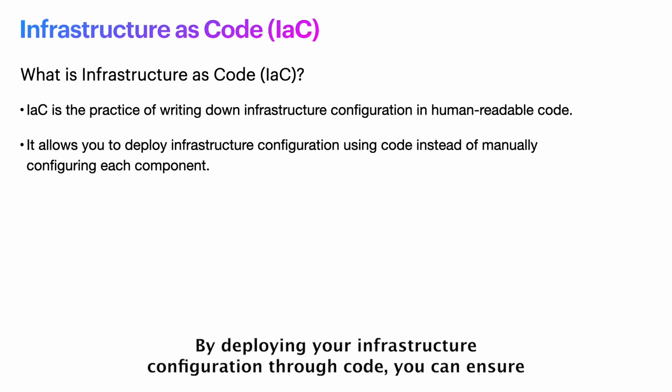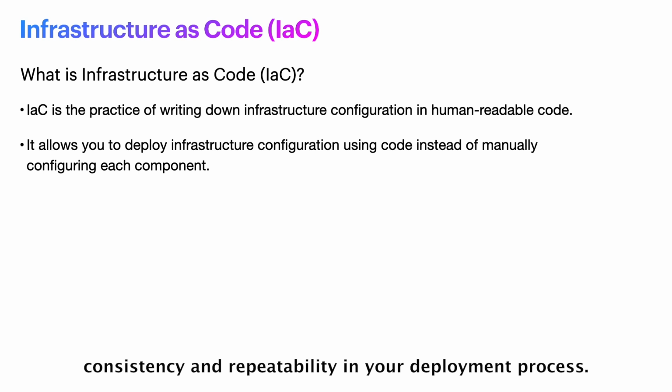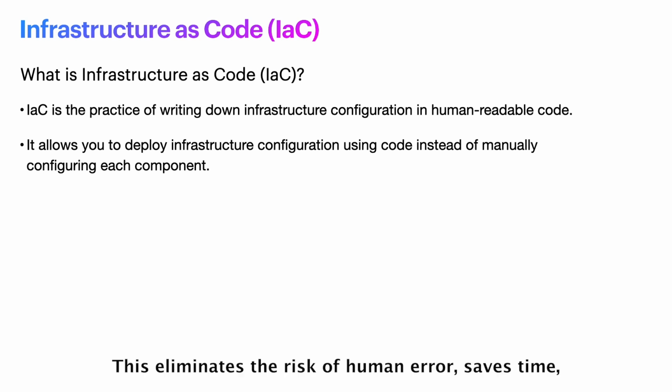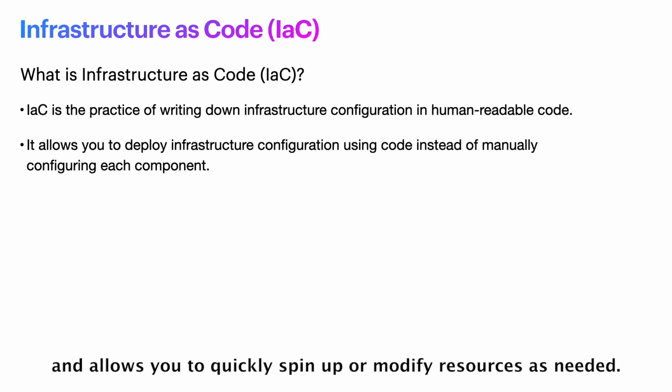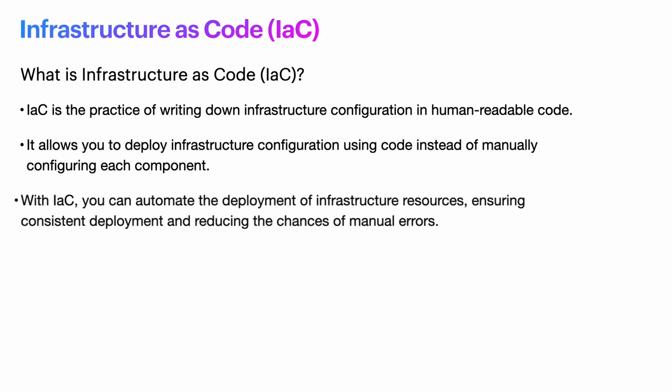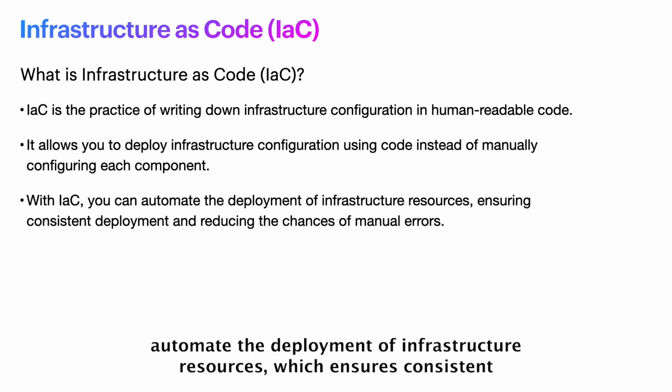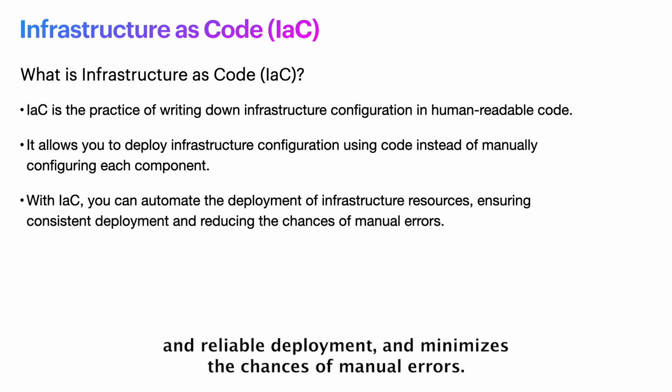By deploying your infrastructure configuration through code, you can ensure consistency and repeatability in your deployment process. This eliminates the risk of human error, saves time, and allows you to quickly spin up or modify resources as needed. With IAC, you can automate the deployment of infrastructure resources, which ensures consistent and reliable deployment and minimizes the chances of manual errors.